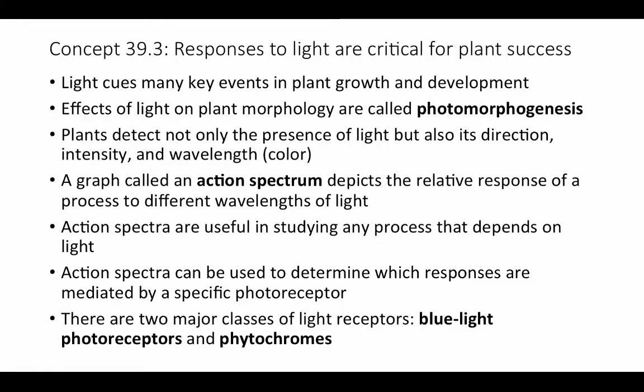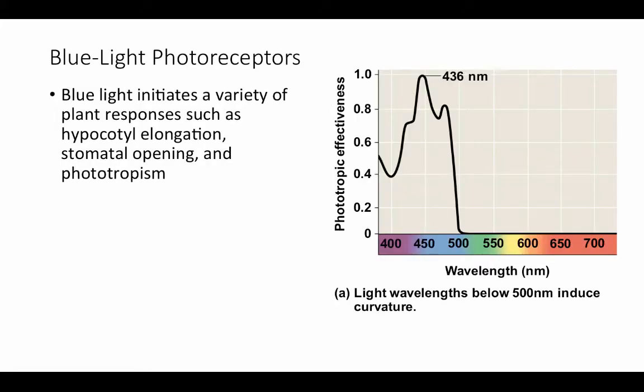There are two major classes of light receptors: blue light photoreceptors and phytochromes. Let's first look at the blue light photoreceptors. Here we have an example of an action spectrum with some measure of the effectiveness of this process of, in this case, phototropism, and we see that it's maximal around a wavelength of 436 nanometers in the blue range.